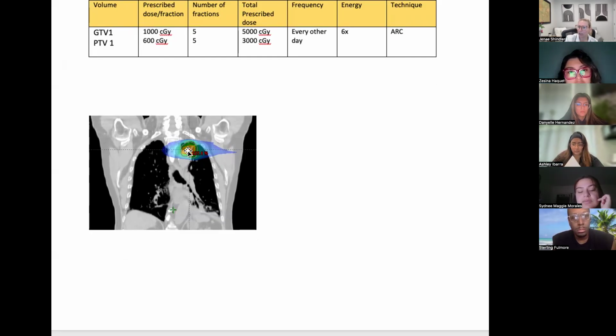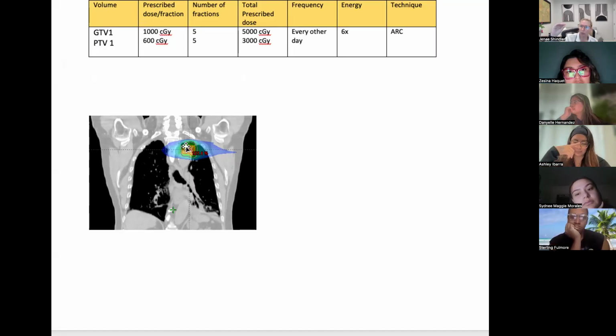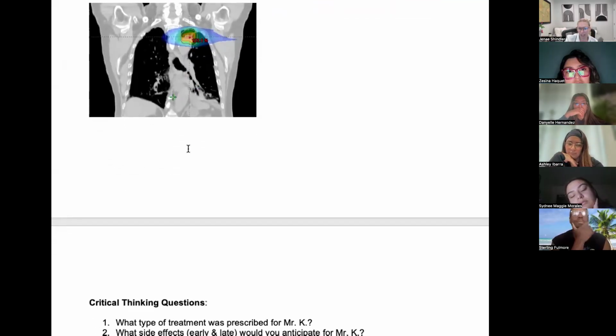Even if there's a little movement, I want to lock that in a little bit and get away from the heart and the aorta as much as possible. So I'm assuming that's why gating was used on this specific one, to reduce your ITV. The more you reduce margins, the less you're treating healthy tissue.